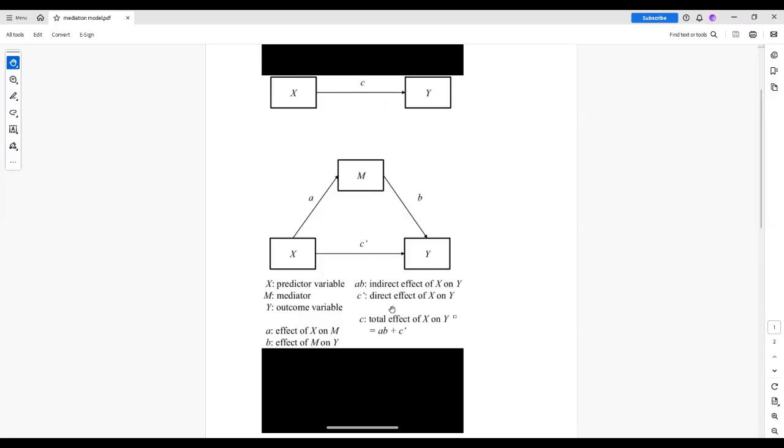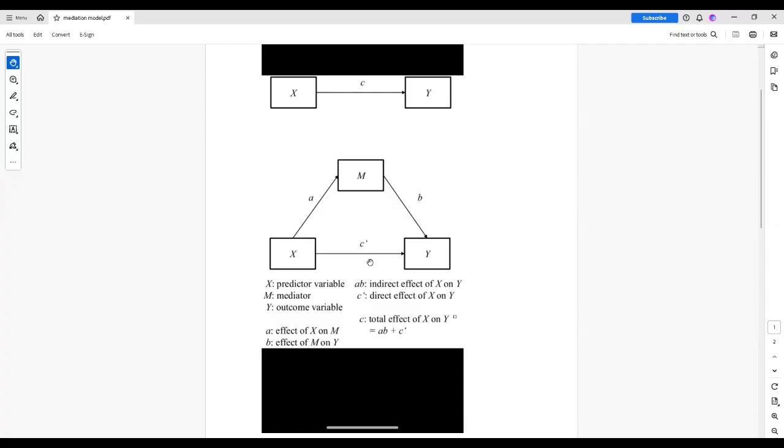If some of you have a specific hypothesis about the direct effects of your IV on DV, that hypothesis is actually focused on C prime, not the total effects, because you are focused on the pure direct effects of your IV on DV when the effect of the mediator is controlled. So that's the difference between total effects and C prime.